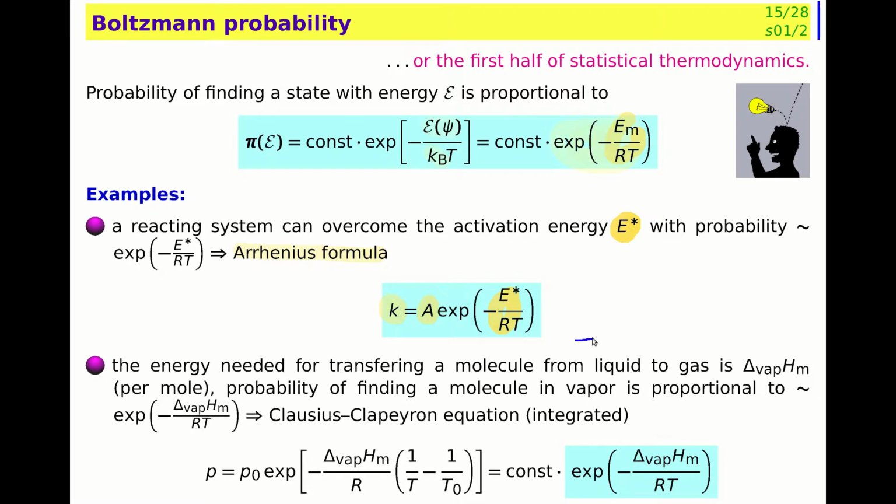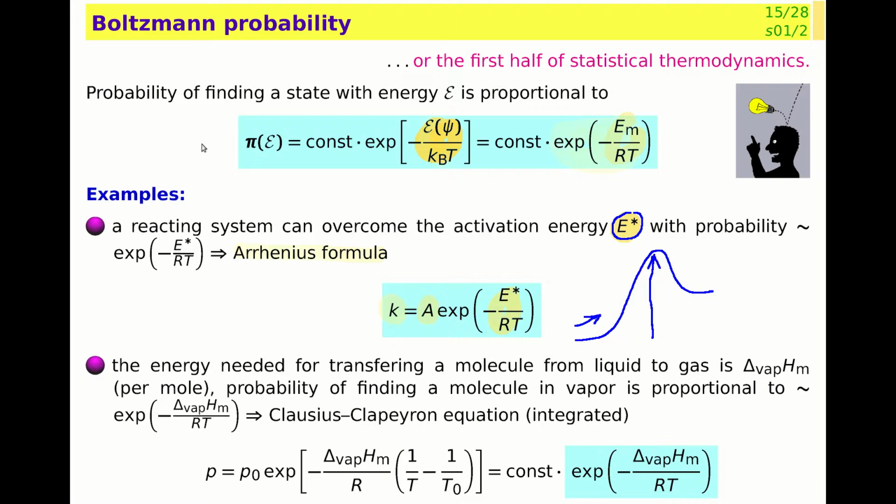So if you have a reaction and the reaction coordinate and the reaction proceeds in this direction, and here there is the activation energy. So the reactant molecules must have at least this energy so that the reaction proceeds. And we know that the ratio of these molecules that have such an energy is given by the Boltzmann factor, Boltzmann probability.